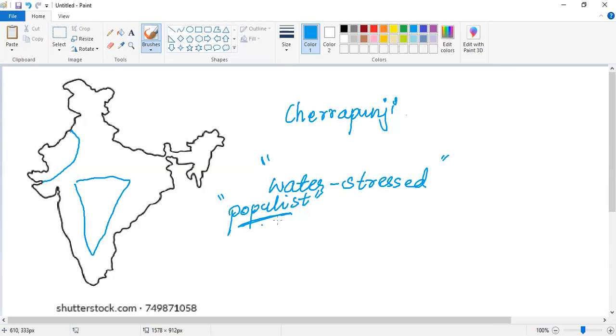So the point is, with respect to India, with respect to groundwater, the ownership rights of groundwater lie with the owner of the land, and there is no legal limit on the volume of water that a landowner can extract. Therefore, it is leading to unregulated exploitation of groundwater.